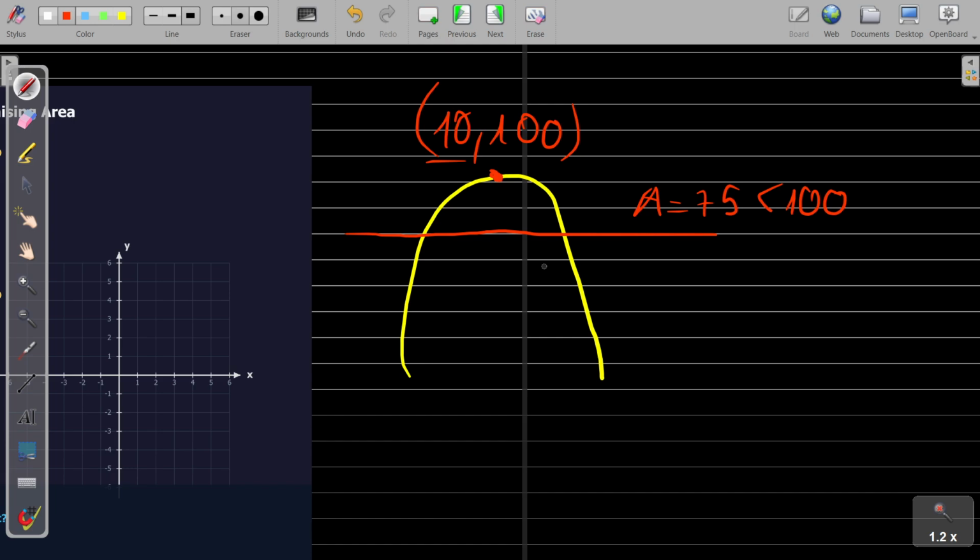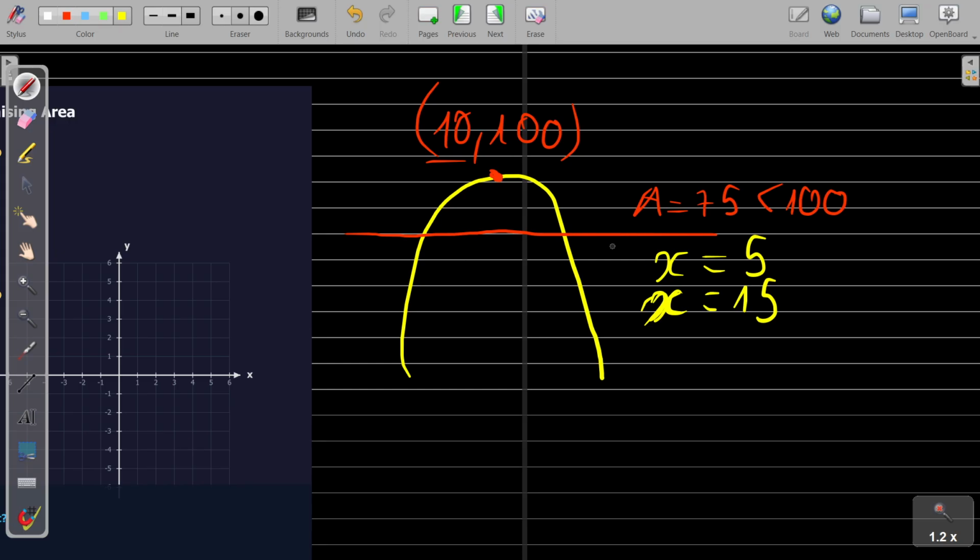The area of 75 that we calculated was at x equals 5, so x equals 5 at this point, and x equals 15 also, right? Now this shows the intersection of the parabola at x equals 5 and x equals 15.